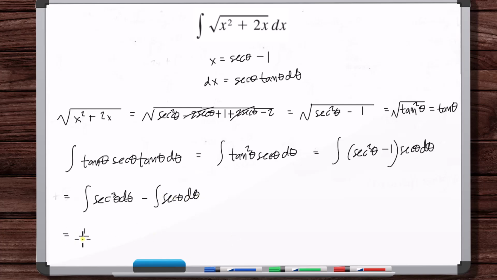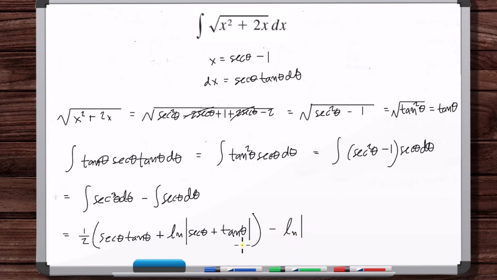Okay, so this is 1/2 secant theta tangent theta plus natural log of the absolute value of secant theta plus tangent theta, and then minus natural log.